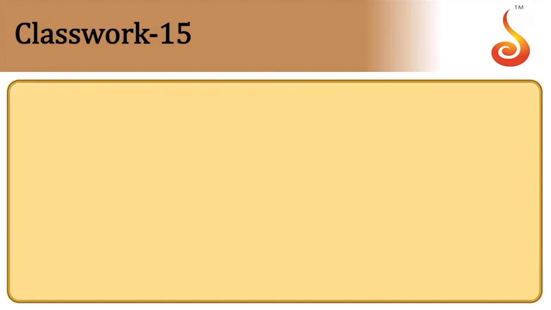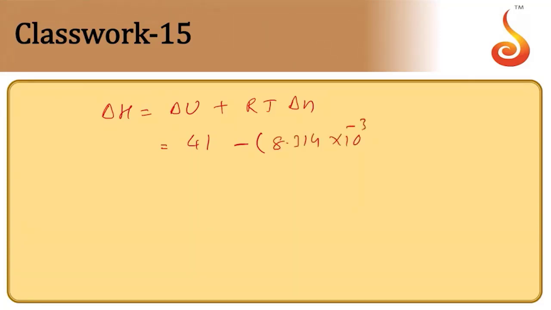Now applying the formula, delta H is equal to delta U plus RT delta n. So delta U is 41 minus 8.314 into 10 to the power of minus 3, the value of R, into T, which is 373.